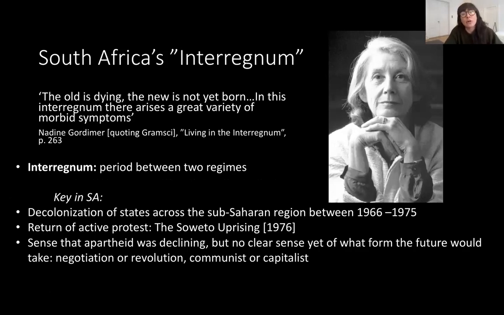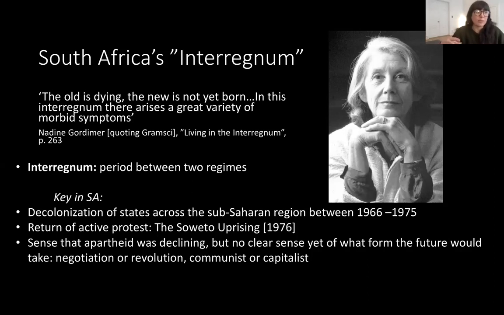And even though at the end of the 20th century South Africa was still officially the apartheid state, there were various things happening in and around South Africa which made the sense that the apartheid state would not continue forever palpable.